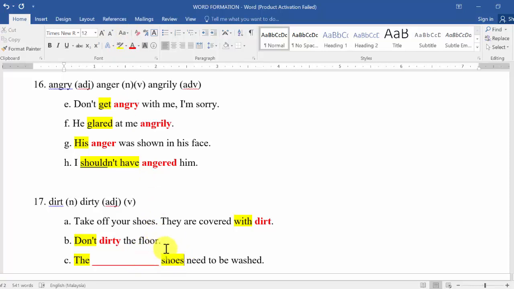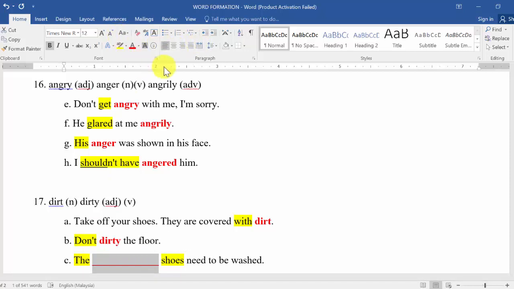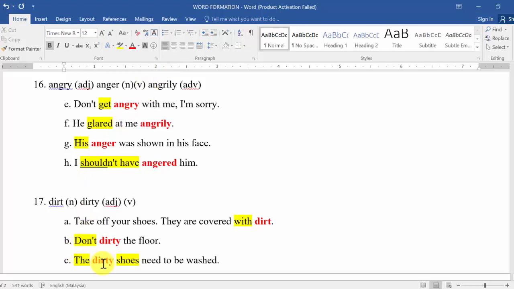The next word after your blank is a noun, shoes. It means that the blank here should be an adjective which is describing the noun shoes. So your answer should be dirty shoes. The dirty shoes need to be washed.